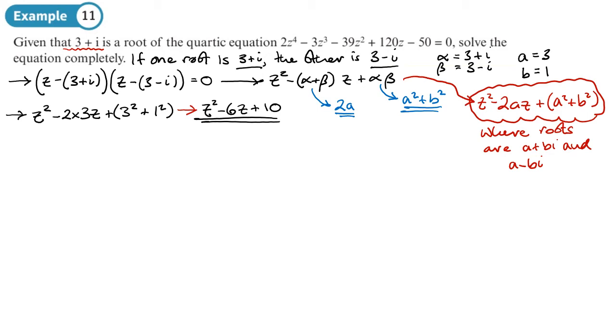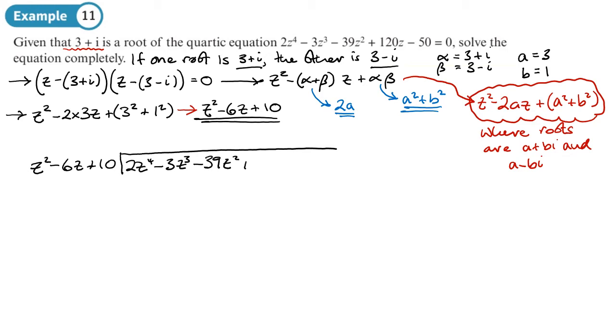Now we're going to do algebraic long division on the quartic. So this z squared minus 6z plus 10 is called a divisor. When we divide this quartic by the divisor, we'll end up with something at the top, and that's going to be a quadratic, which we'll use to find the other two roots.